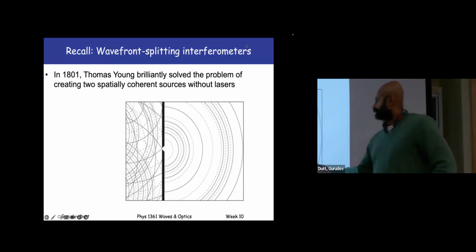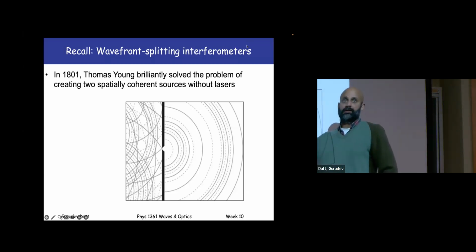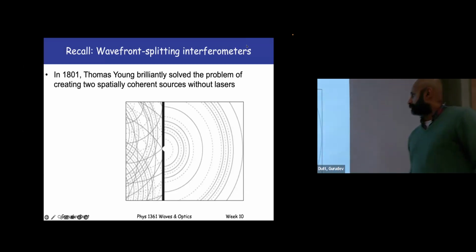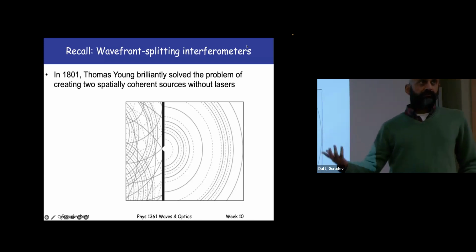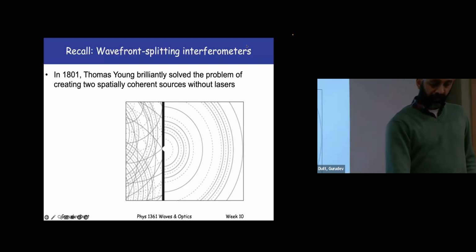That one wavefront, as Thomas Young did at least in the beginning, was created by simply using a small pinhole that creates a spatially coherent source, because that was the difficult part back then, to figure out how to do that without a laser. We discussed this fairly extensively in the last class. I'll come back to one or two aspects of it today as well.